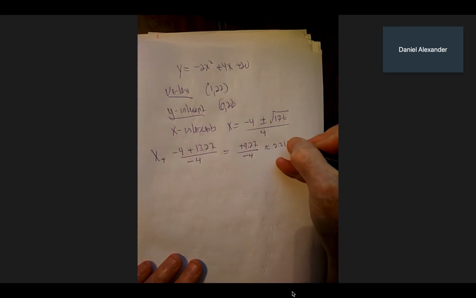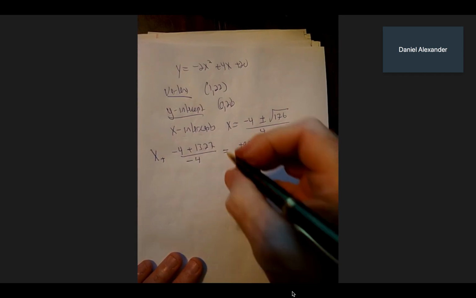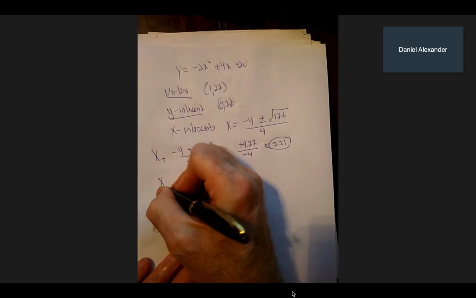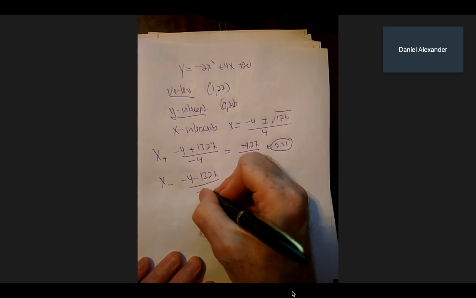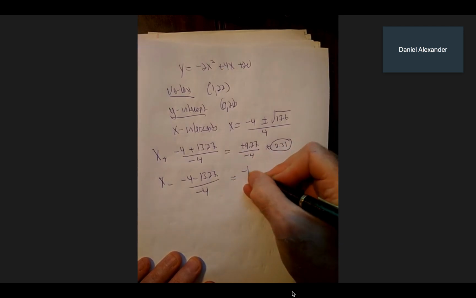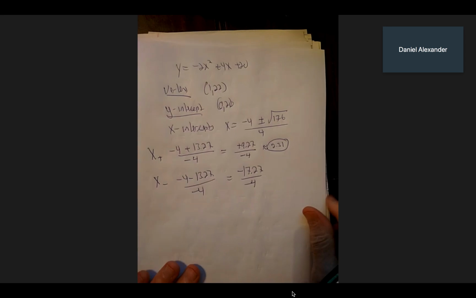The negative root, minus 4 minus 13.27 over minus 4, minus 17.27 over minus 4. That's going to be about, let's see.